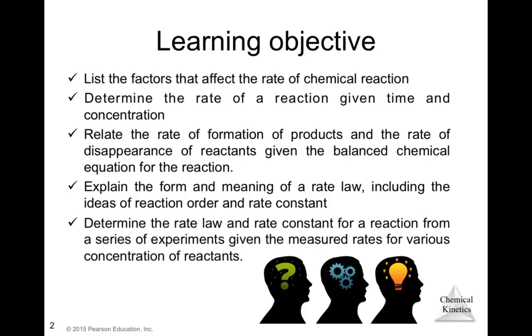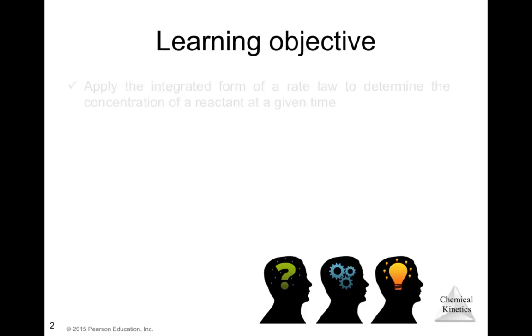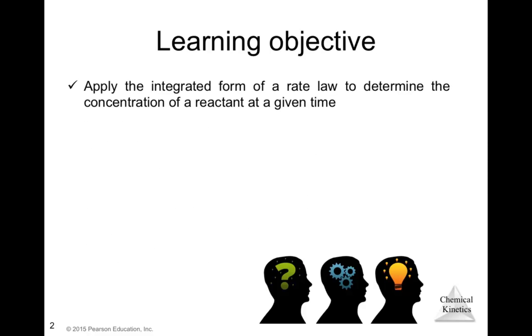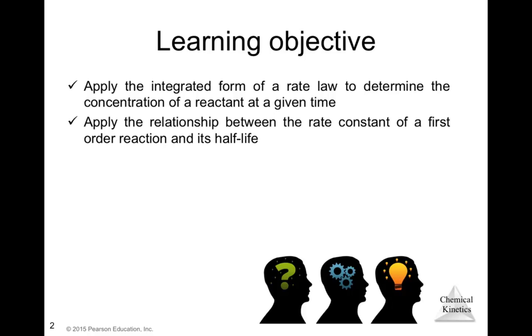You will be able to determine the rate law and rate constant for a reaction from a series of experiments given the measured rates for various concentrations of reactants. Also, you will be able to apply the integrated form of a rate law to determine the concentration of a reactant at a given time, and you may apply the relationship between the rate constant of a first order reaction and its half-life.